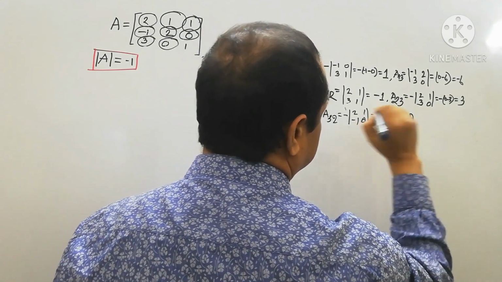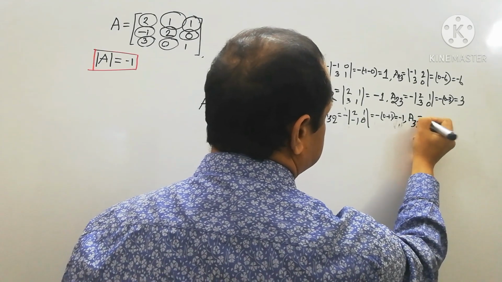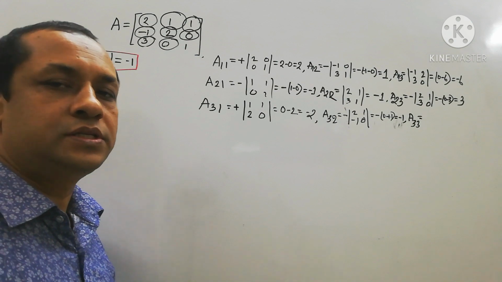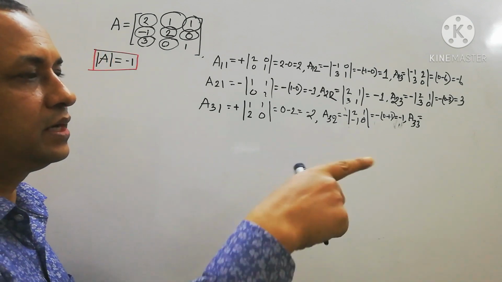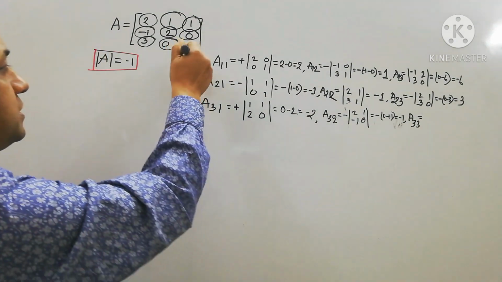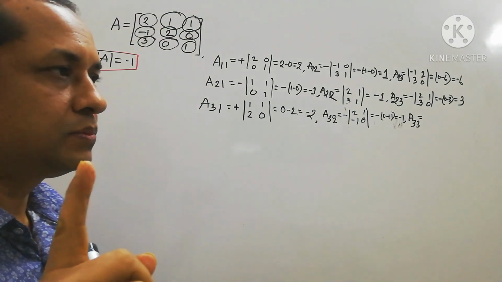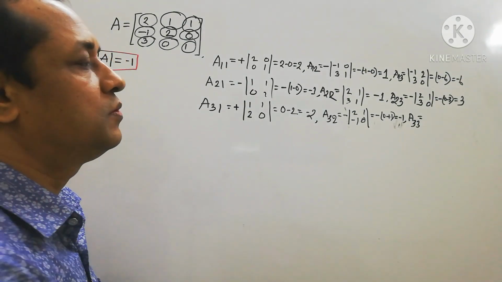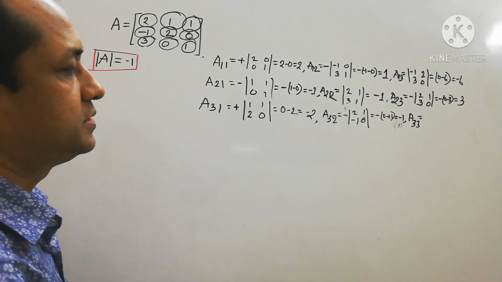And the last one, A33, the last entry. 3 plus 3 is an even number, so the cofactor is positive. When the sum of the row number and column number is even, the cofactor is positive.